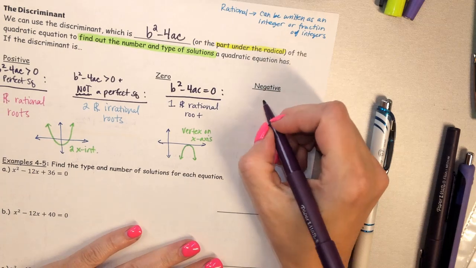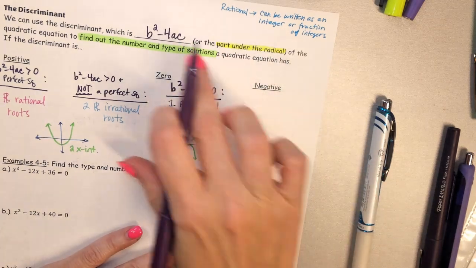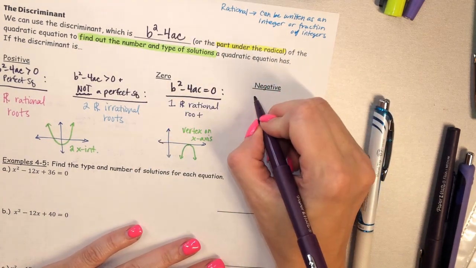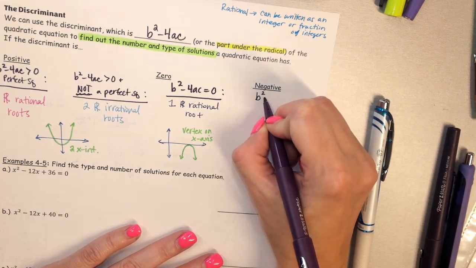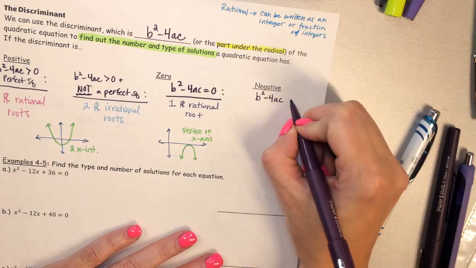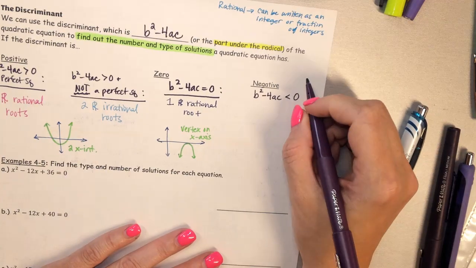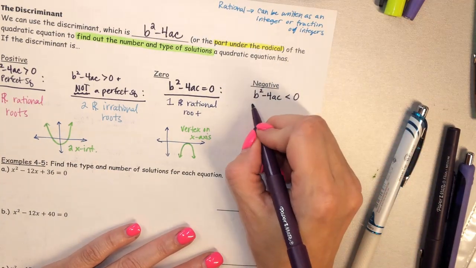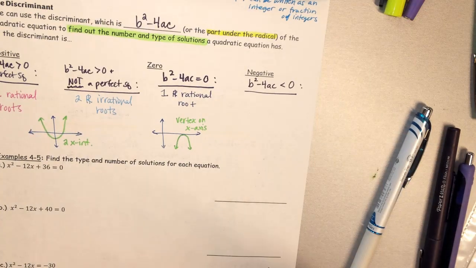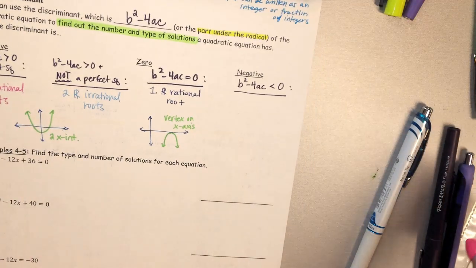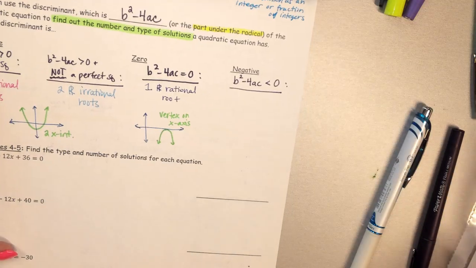Okay, and your last case is when it's negative. Remember, this is the part underneath the radical. You have a negative radical, what type of solutions does that make? Yep, they have i. So we call those imaginary, or do you remember the other word we use for them? Complex.